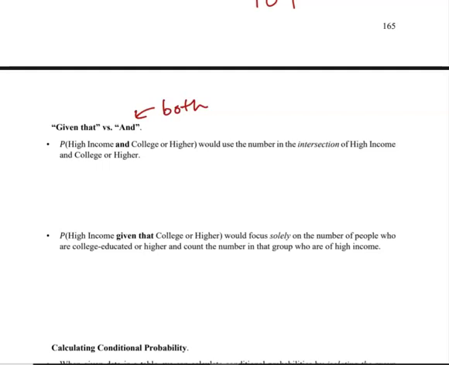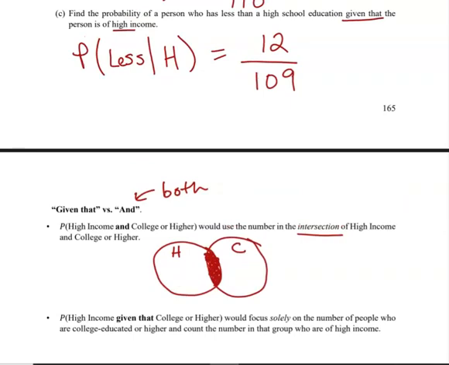So for example, in this question above, the probability that somebody is high income and college educated, that's the intersection. If I'm looking at a Venn diagram, high income, college educated, that would be this group right here. My probability for that would be relative to the entire sample.